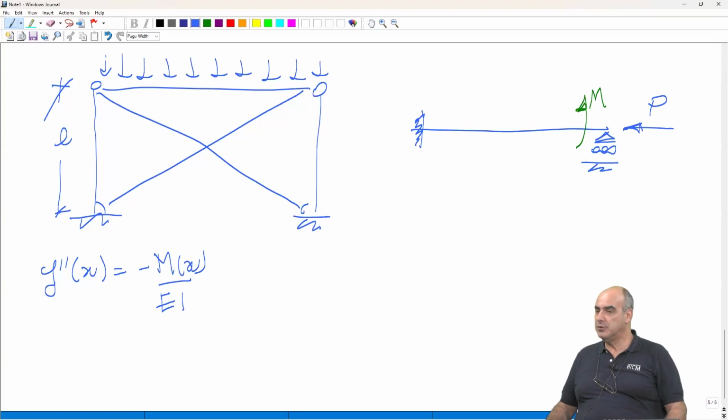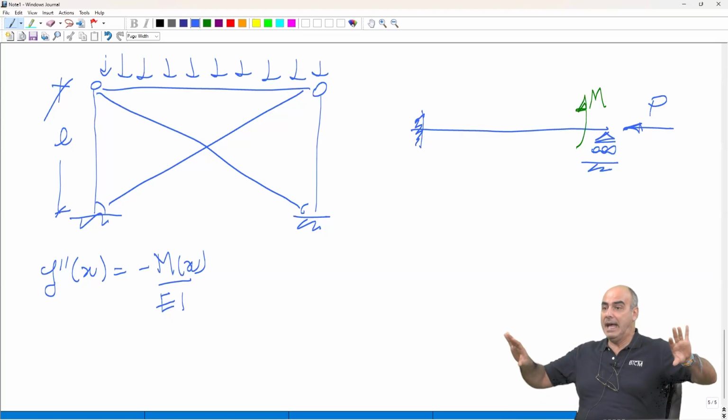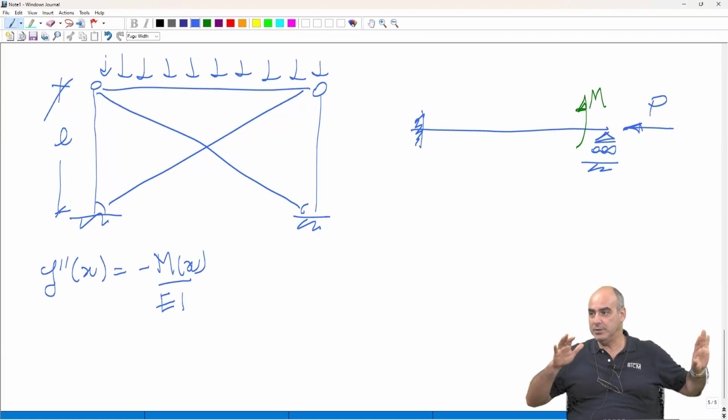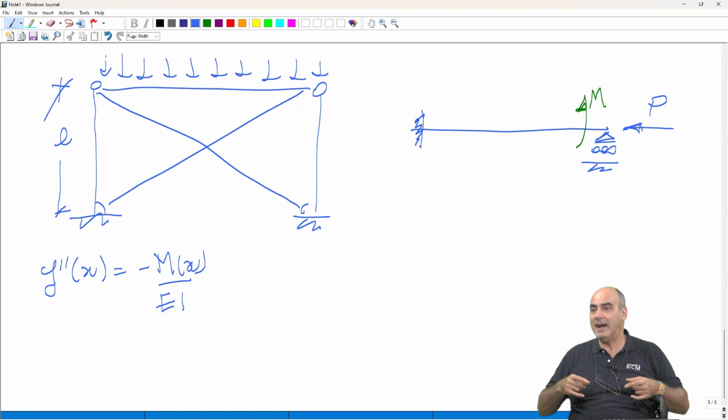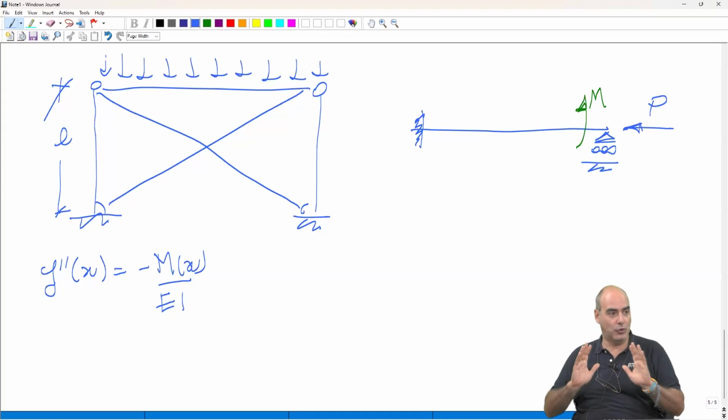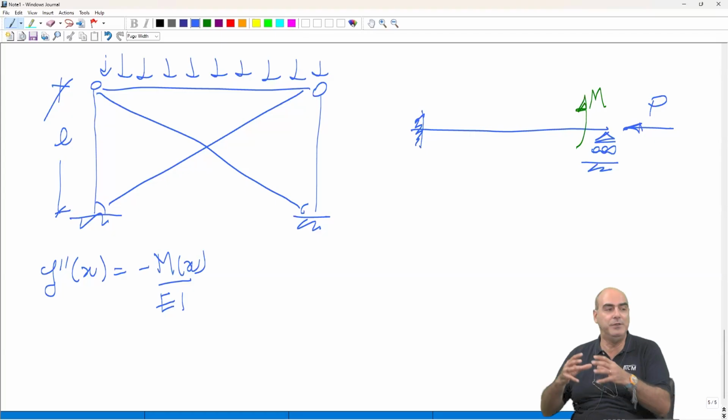Actually, the equation is true. Absolutely, because that is derived for the beam element, and it is independent of the boundary condition. As a matter of fact, after having solved that equation, we assign the boundary condition. So that equation is always true, it is the constitutive law of the beam.